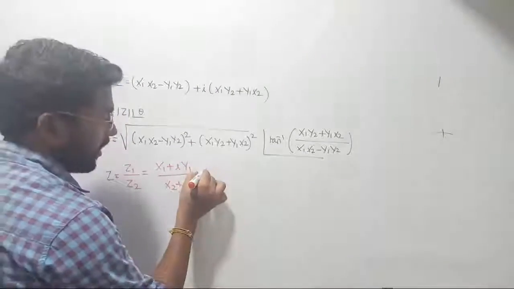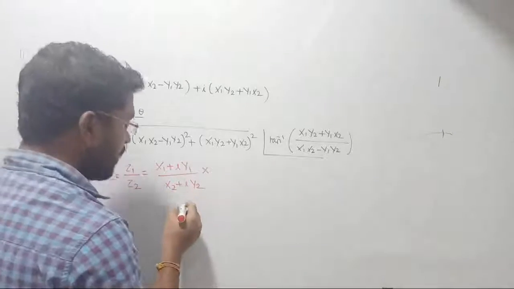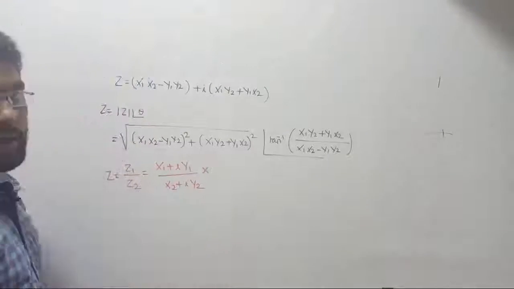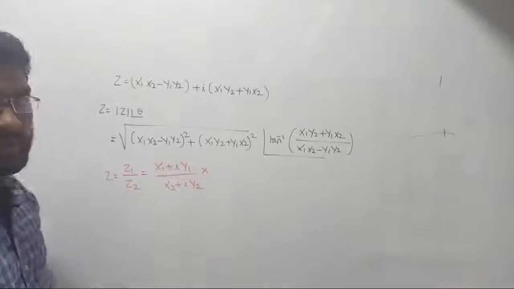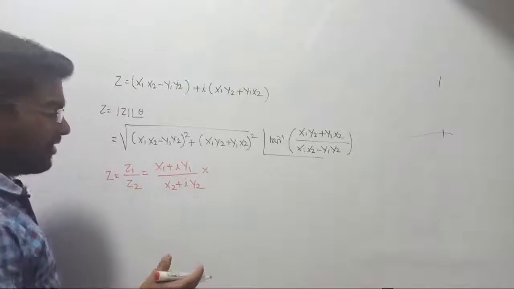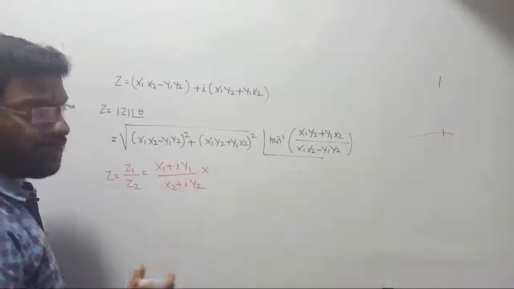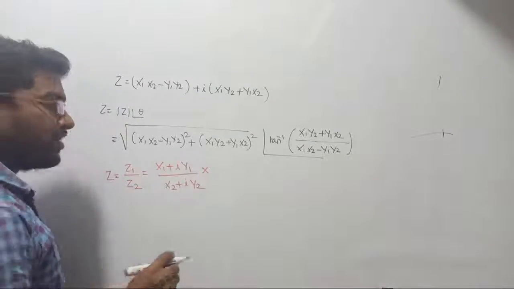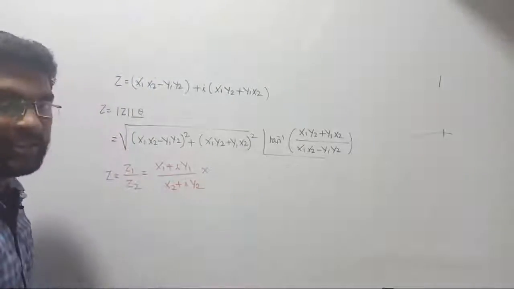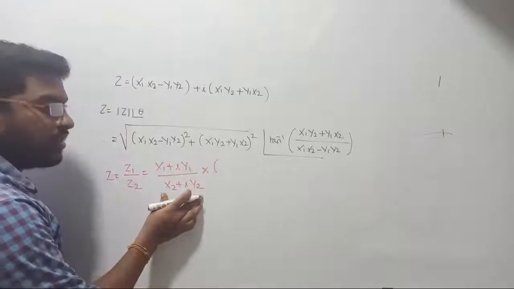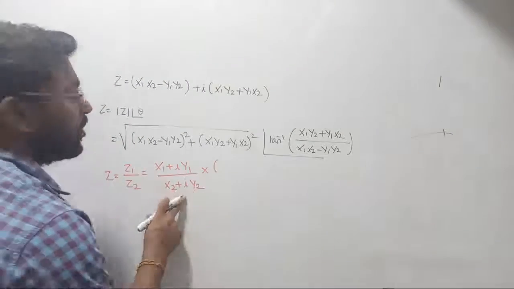For that I am taking the conjugate of this function. That is the procedure if you want to solve in the complex, rectangular domain. To write them in the polar domain, there is nothing big: just take the magnitude and write its phase angle. Anyway, in the rectangular domain, if you want to separate the real term from the imaginary term, you are always supposed to take the conjugate of the denominator whenever you get a complex variable in the denominator.